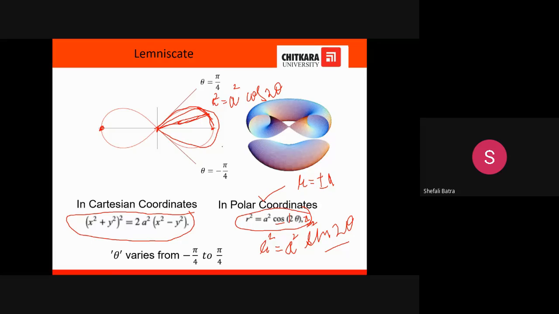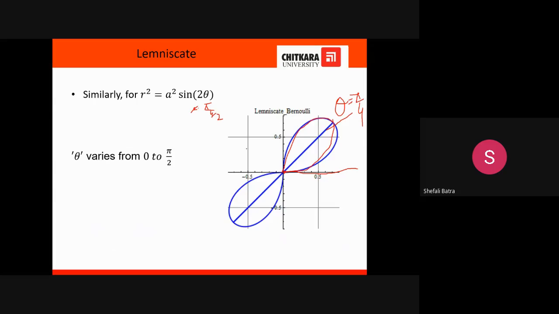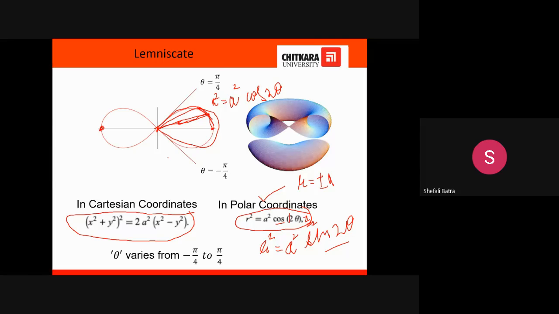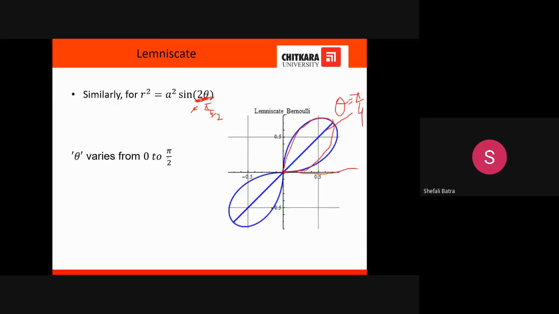Cos, that's why it is made on the x-axis. Sin, probably, you would have to make on the y-axis, but due to this 2 theta, it would not be exactly on the y-axis, it would be shifting onto this line theta is equal to pi by 4. Right? So you need to remember this. This is the lemniscate, a square sine 2 theta, and this is a square cos 2 theta. 5 circles, 4 cardioids, 2 lemniscates, right?